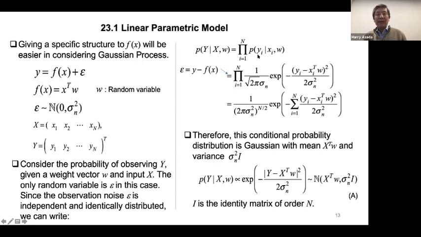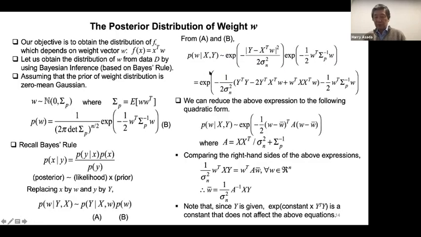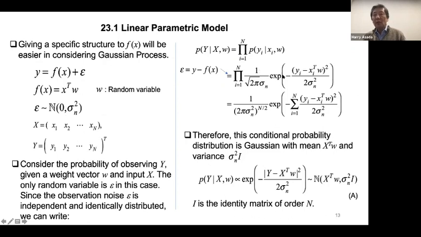The yi are given, so the only probabilistic part is epsilon. Epsilon is y minus f(x), so the probability in y comes from this form. We put it in here and replace it in this way.